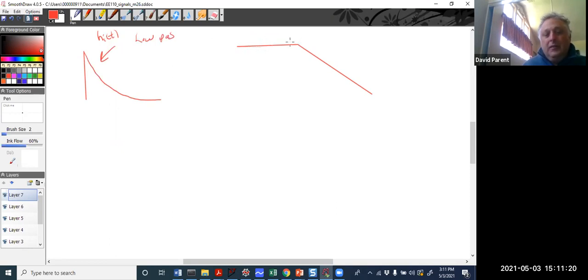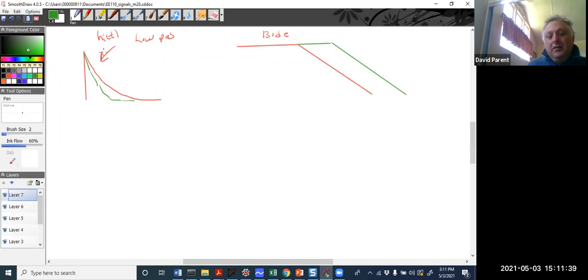This is the Bode plot. And if I have something with a smaller tau, that means that omega naught is bigger.